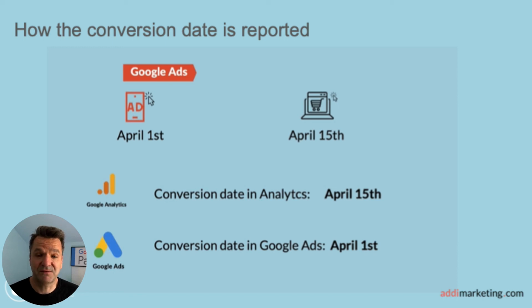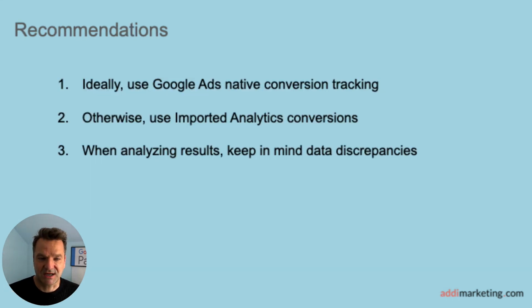This can lead to a lot of confusion in reporting. In fact, I'm planning to do another video about how to interpret and reconcile conversion tracking results in your reporting and analysis.